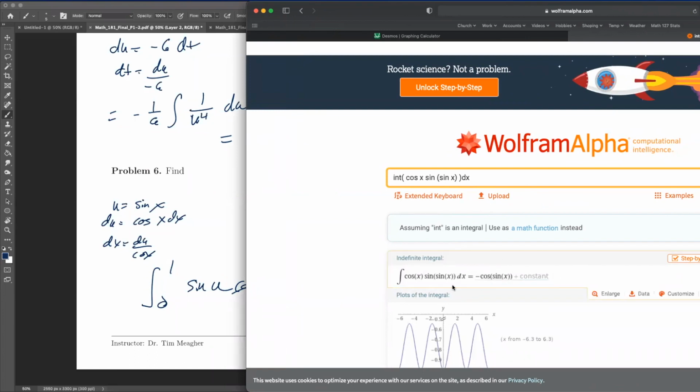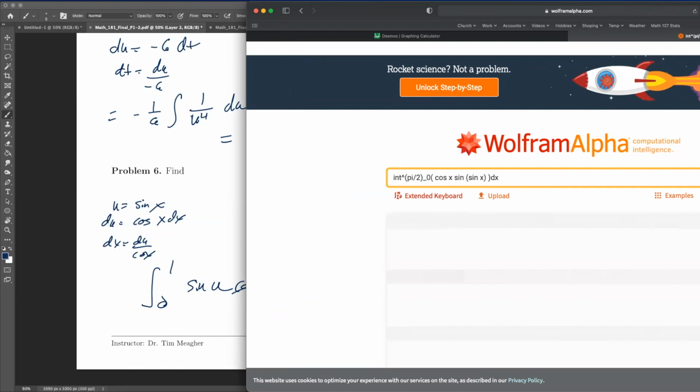Okay, so they go back and they solve it, but since we had values, let's put them in. So this would be pi divided by 2, and this was 0. I forgot. Put those in.